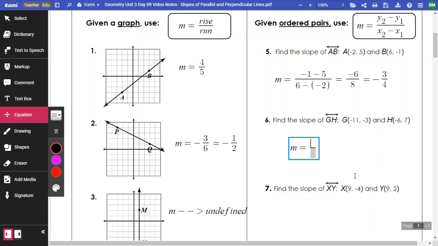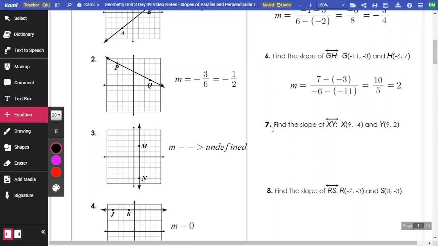Don't make a Mr. McClary mistake like I just did. 7 minus a negative 3. And then we have in the x values negative 6 minus a negative 11. So if I had kept going that path, I would have ended up with the reciprocal of what I needed, and that would have been no good. So 7 plus 3 is 10. Negative 6 plus 11 is a positive 5. So we can reduce this to a slope of 2.